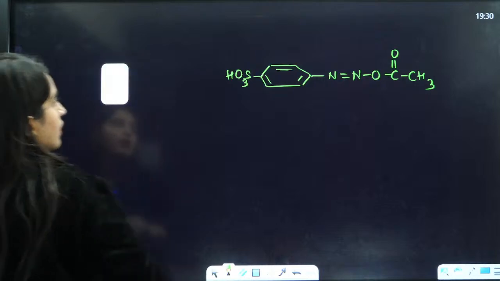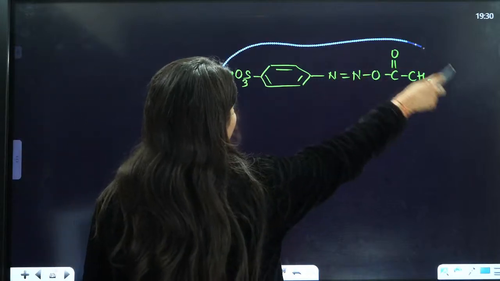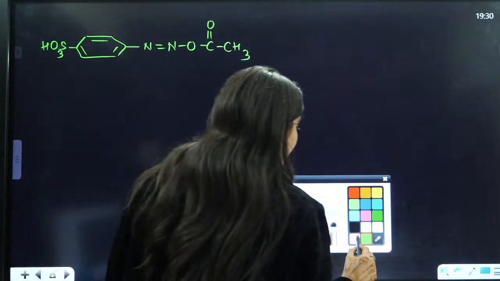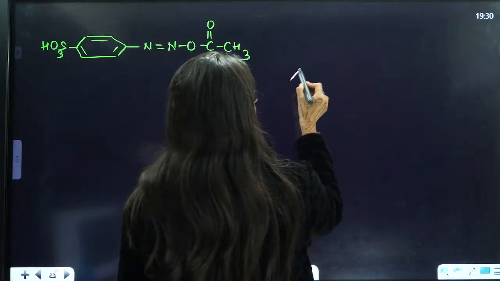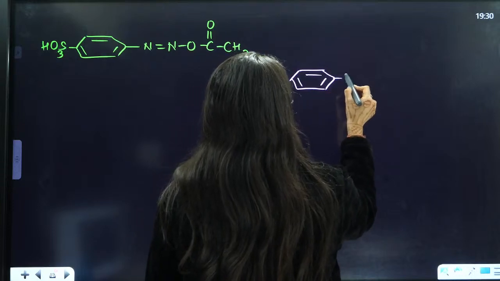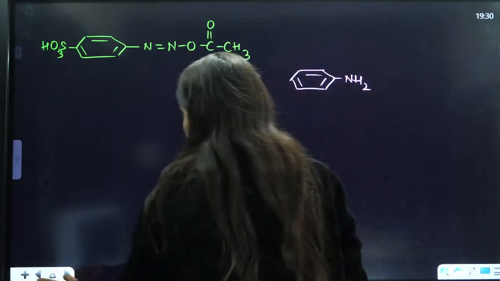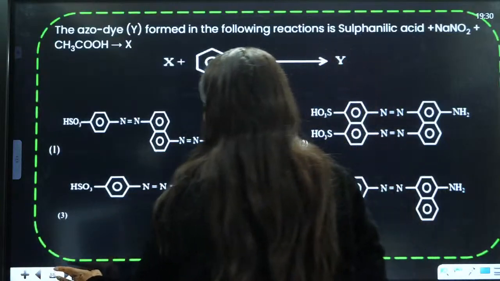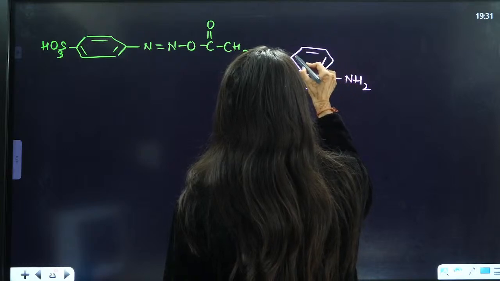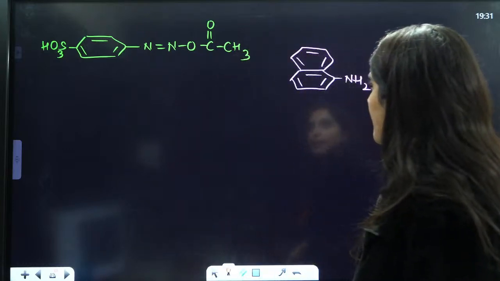Now here you react this with benzene NH2. Then again here you have one more benzene ring, right?